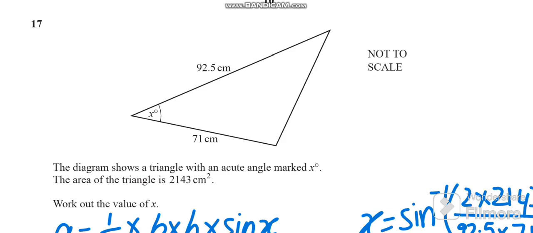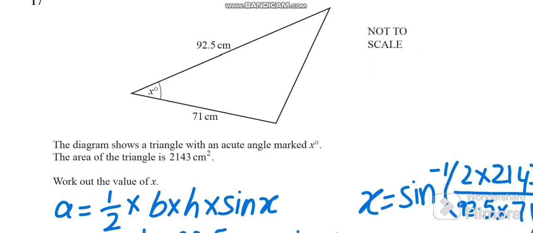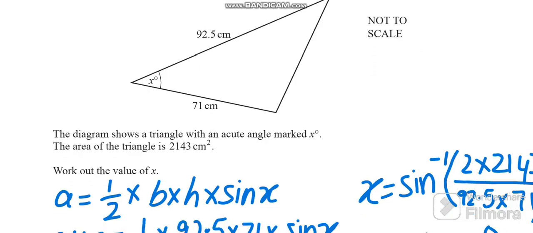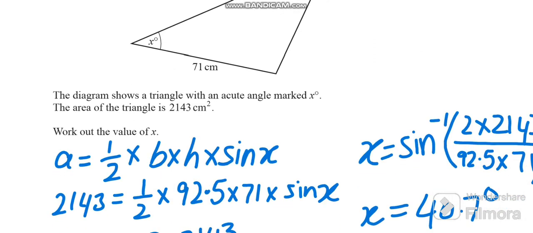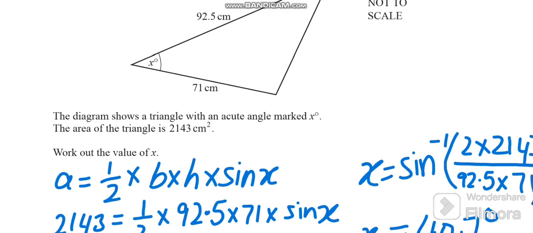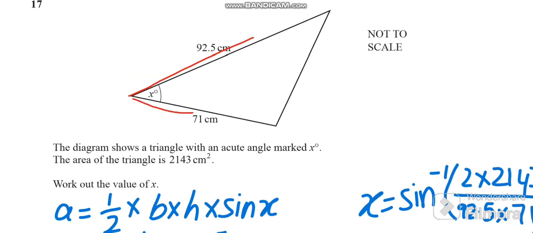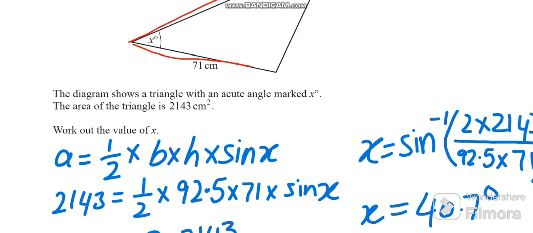Question 17 states a diagram shows a triangle with an acute angle marked x. The triangle area is 2143 centimeters squared. Work out the value of x. The formula for calculating the area is 1 over 2 times base times height times sine x, where b is this line and h is this line, and x is the angle in between these two lines.